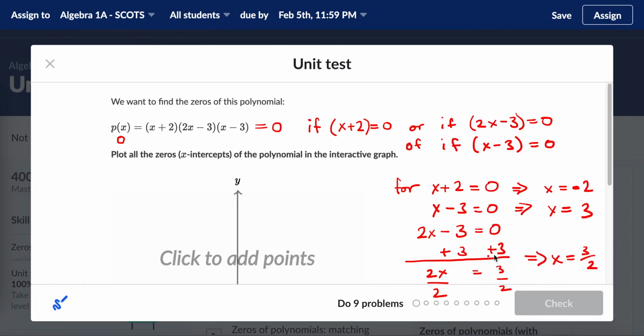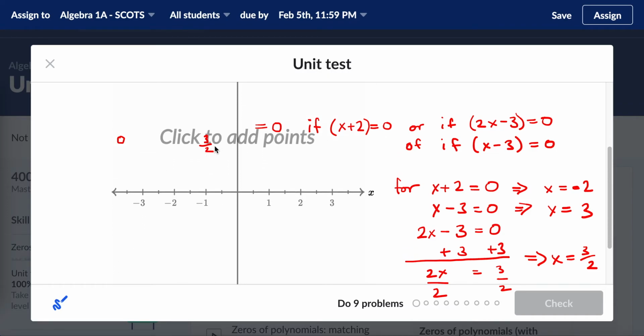The quick and easy way of doing that is to look at what you've got here, change the sign and divide by the coefficient, and you've got your zero. Okay, we'll plot those and we'll be done with it.